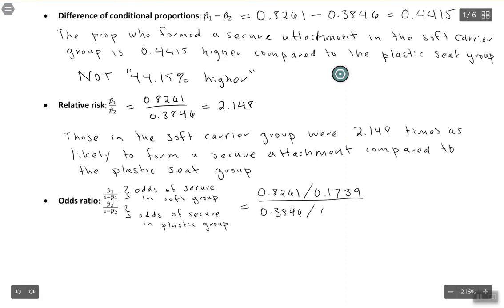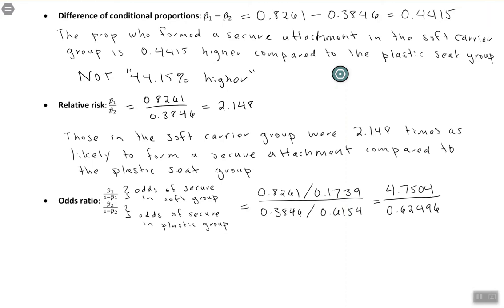If we do 1 minus that, it's 0.6154. So if we put it together, 4.7504, that's the odds of a secure attachment in the soft group, whereas 0.62496, that's the odds of secure attachment in the plastic group. And we can put it together and get an odds ratio of 7.545.